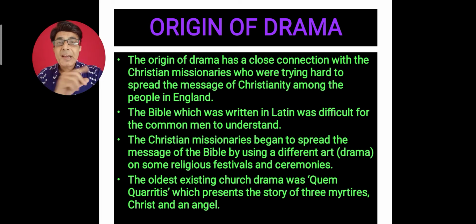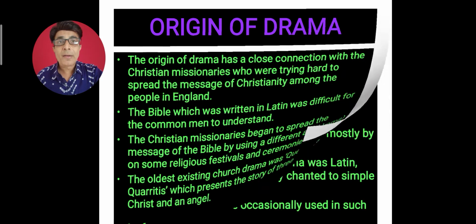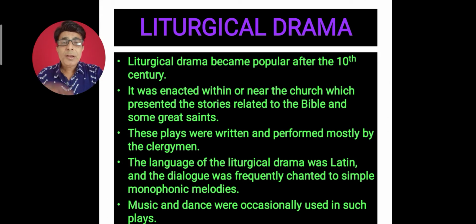They were known later as drama, right? So the first kind of drama that we see was liturgical drama. This liturgical drama became very popular from the 9th and 10th century onwards.